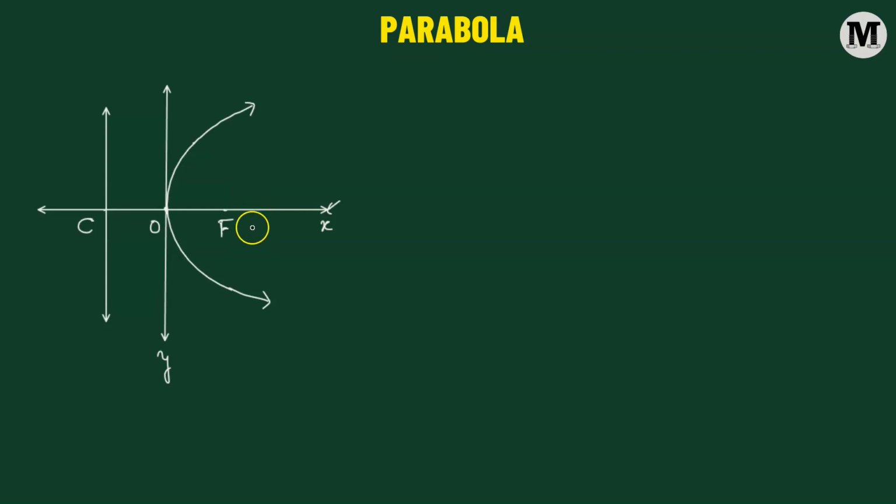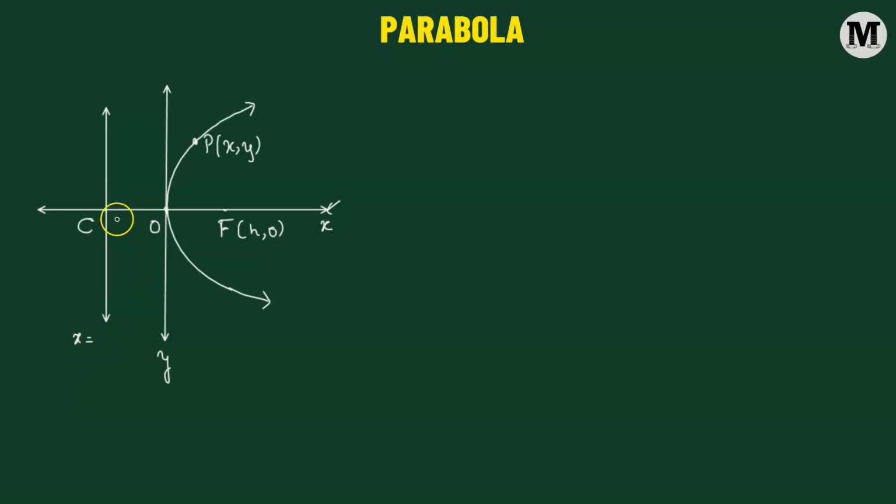Now we will consider the focus to be at the coordinate point (h, 0). There is no y coordinate here. Then we will consider a point P, the locus of which has the coordinates (x, y). And we have a directrix, which needs to have an equation. Since it's a straight line passing through the point C and perpendicular to the x-axis, its equation is going to be given by x = a.